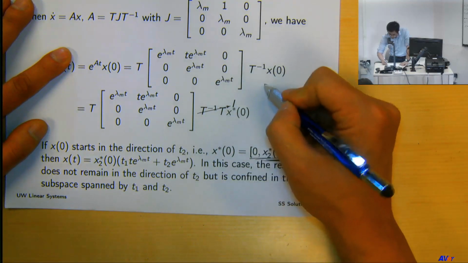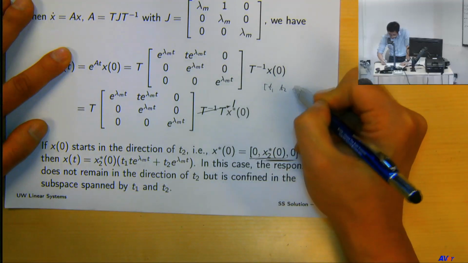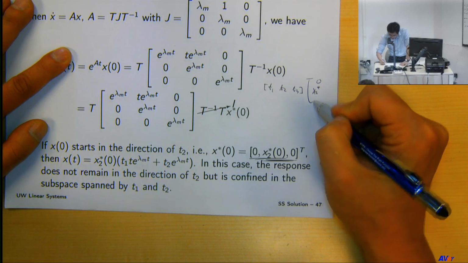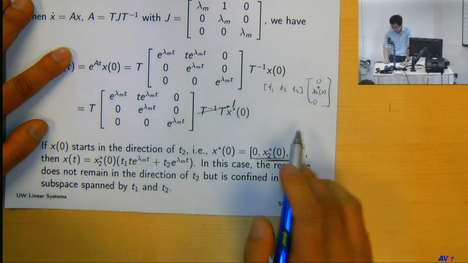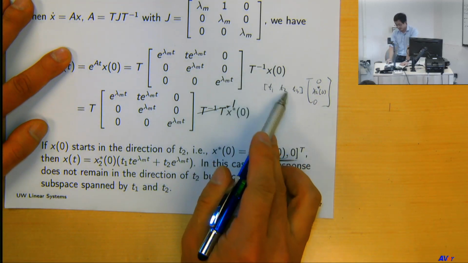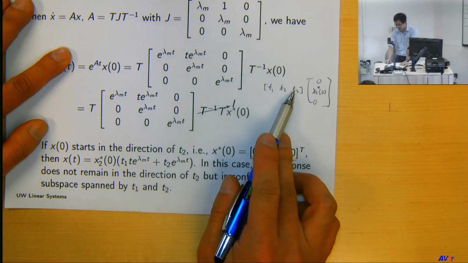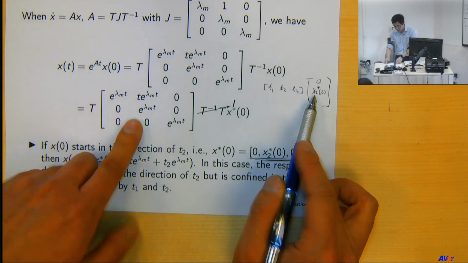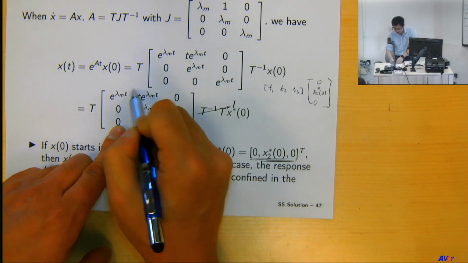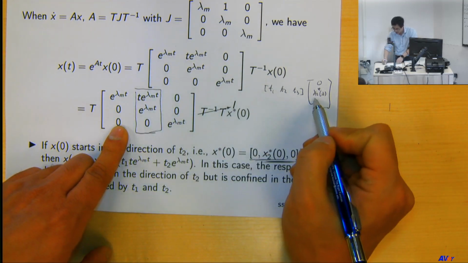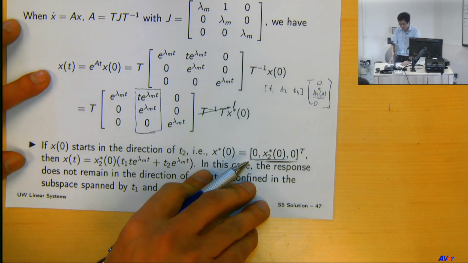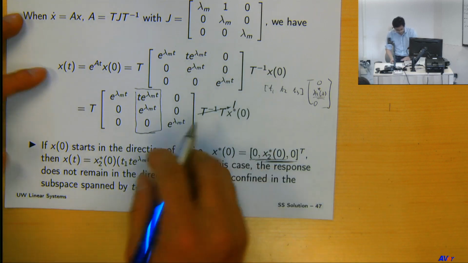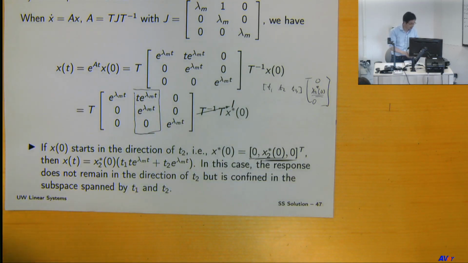If x is T1, T2, T3 times 0, x2 star, 0, T inverse again cancels out with T. So the whole thing is picking the second column of this matrix and then scaling it up by x2 star. So this time is not as simple as the first case.